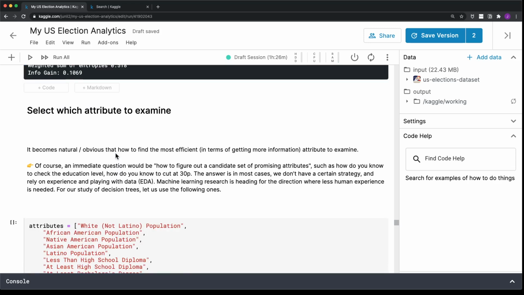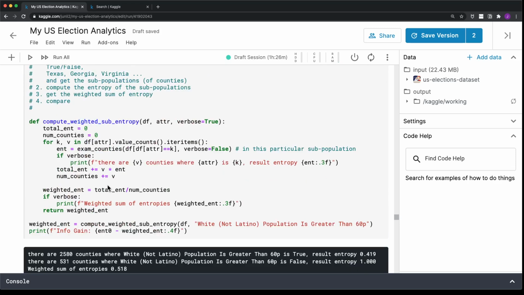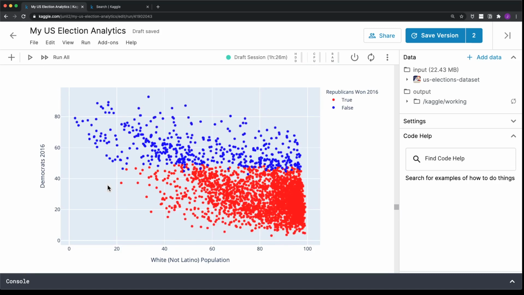And I will invite you to read the following statement. Basically, what we mean is, of course, we can do some more exploration of the data and see more subplots, scatter plots, and try to find all different kinds of interesting attributes. Well, but one effort of modern machine learning is to remove human effort from the process.